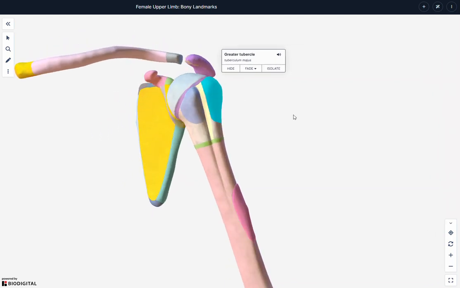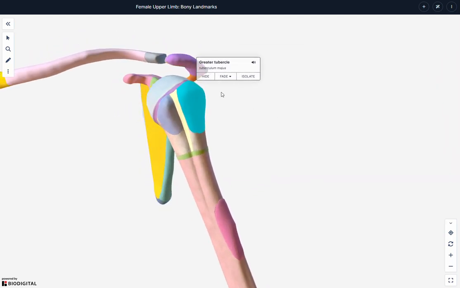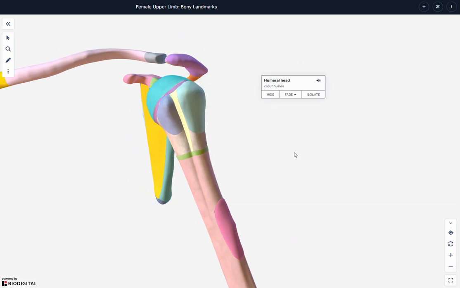If the greater tubercle and the lesser tubercle are both superimposed over the humeral head, then they're in a more neutral position, where the palmar side of the hand is against the thigh. The arm itself is in just a neutral position.